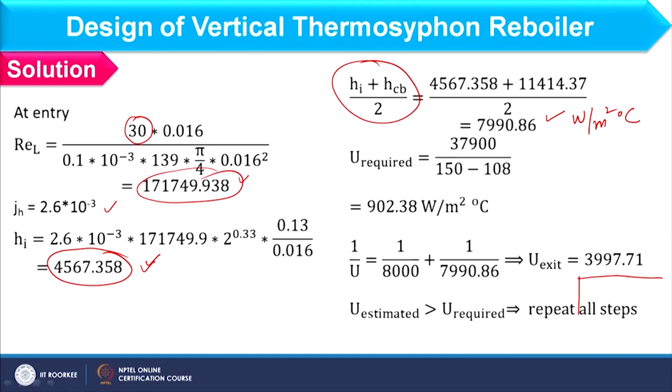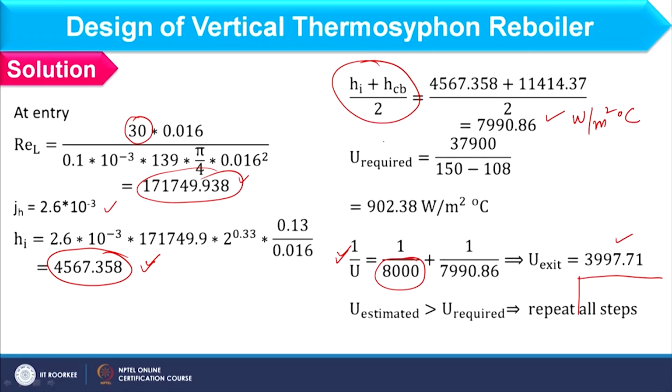Now, you have to find out overall heat transfer coefficient at shell side. 8000 watt per meter square degree Celsius value of heat transfer coefficient is already given. So, you can find out at exit condition. So, you can find out overall heat transfer coefficient in the tube as 3997.71. Okay. So, this is the calculated U or estimated U.